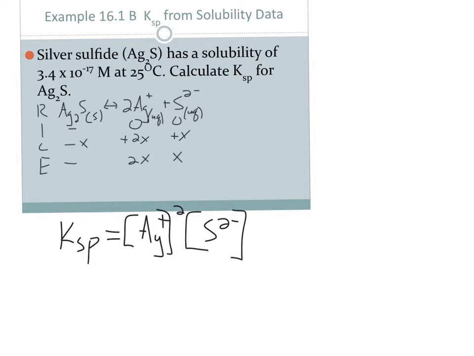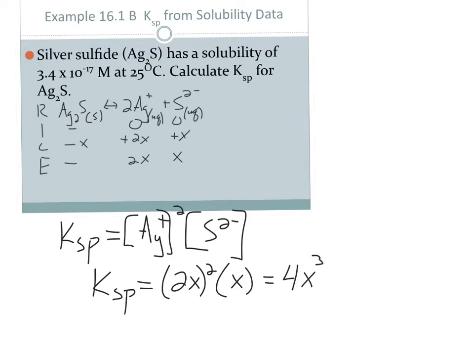And if we plug those molarities in, we have 2x squared times x, which we know is 4x to the third. Okay, so now how do we solve this problem? Notice I haven't done any math yet. All of these things are true regardless of the problem that we've been given.